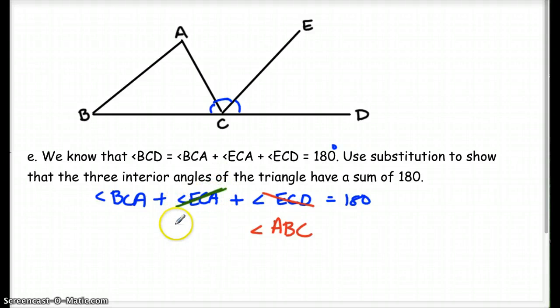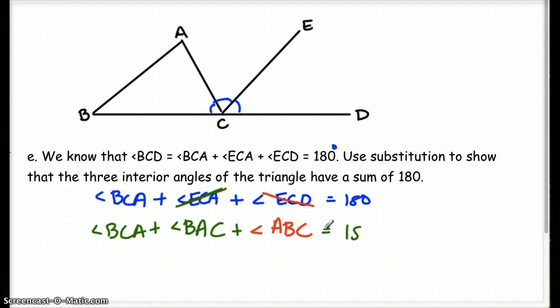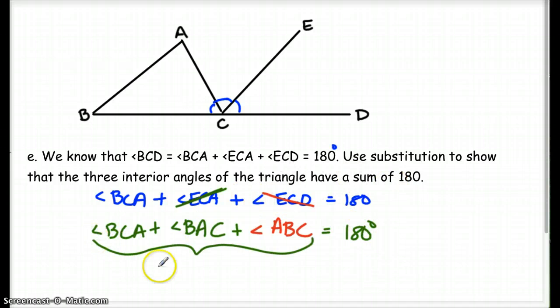So I'm going to replace this one with angle BAC. And if you add all those together, it shows that it equals 180. And these right here are the three interior angles of the triangle. So there's our proof for how the three inside a triangle equal 180.